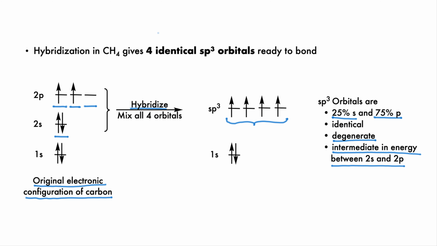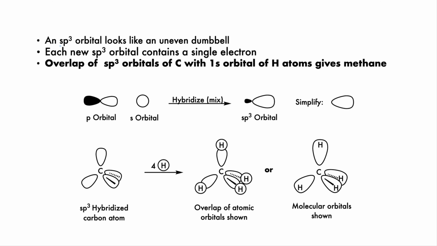Finally, we distribute the 4 electrons in the second shell to each sp3 orbital according to Hund's rule. We don't want to pair electrons until all degenerate orbitals are filled with 1 electron. A hybrid sp3 orbital looks like an uneven dumbbell shape because we've added the 1s orbital only to the side of a p orbital with the correct phase.